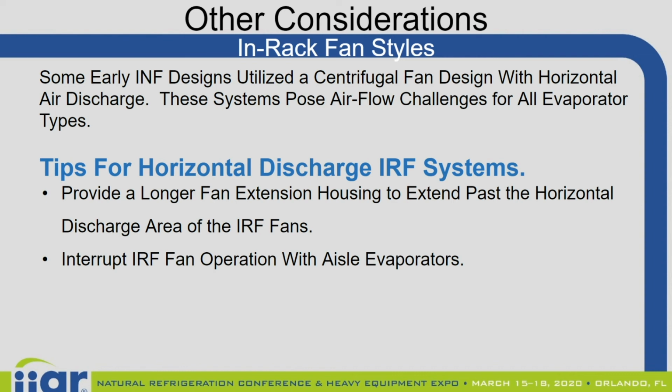If you encounter one of these horizontal discharge systems, it's best to provide a longer fan extension housing to extend past the horizontal discharge area. The next slide shows the airflow pattern of one of the horizontal discharge systems. And then the other recommendation is to interrupt fan operation with aisle evaporators.